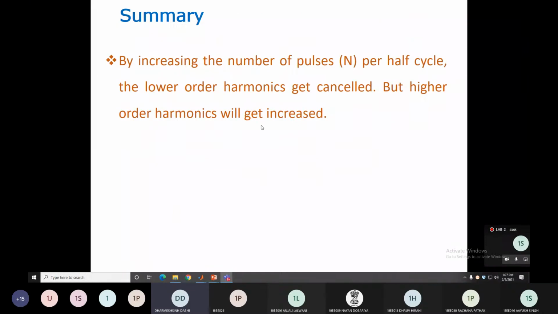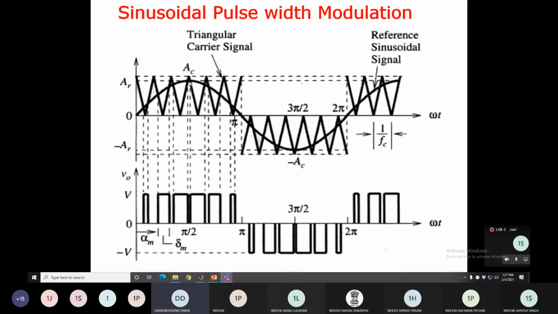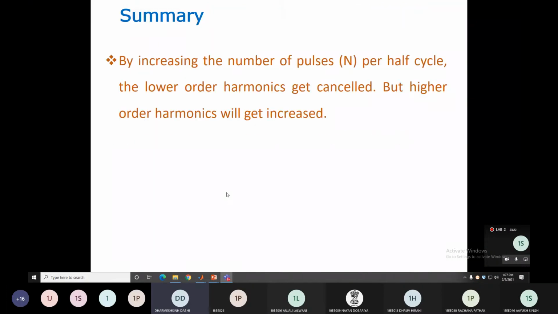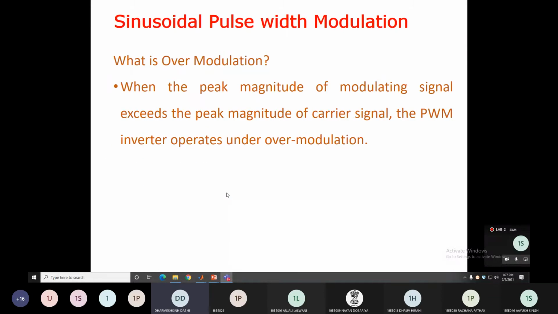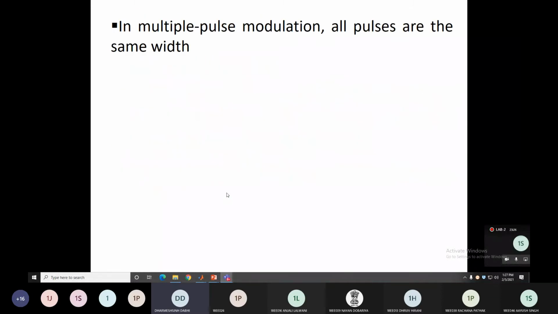You can see that here in this figure also. The peak of this reference signal, AR, is less than the peak of this triangular carrier. Okay. So that condition must be fulfilled, then you can operate this inverter in the sinusoidal PWM technique. So that is the case of overmodulation.